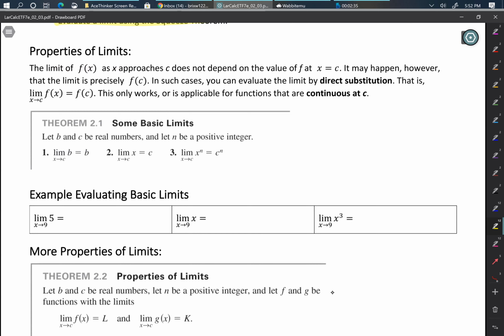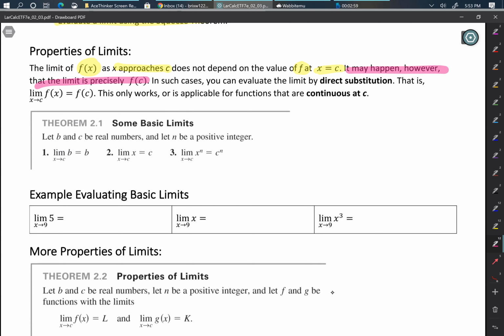The limit of a function f of x as x approaches c does not depend upon the value of the function at c. Remember, that's the definition of a limit. It just simply says f of x just happens to be close to the value of f at c. Right? But sometimes it may happen, however, that the limit is precisely f of c.